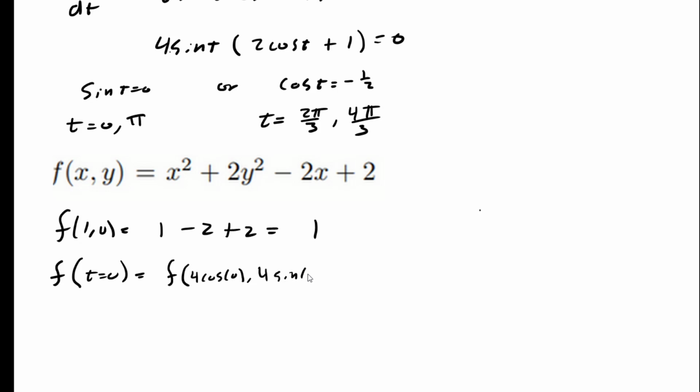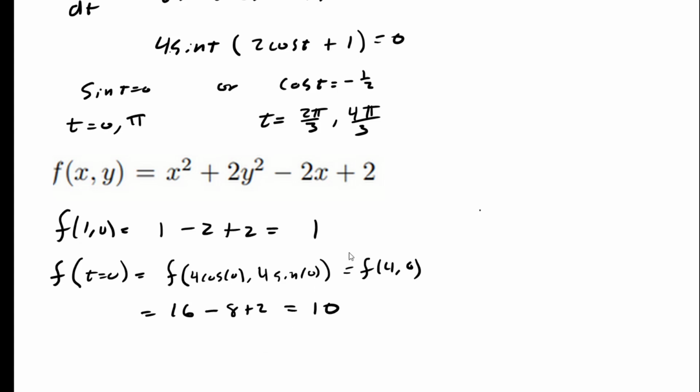Because that's what the parameterization was, which is just f of (4, 0). So if x is 4, this becomes 16 plus 0 minus 8 plus 2, so that's 10. Okay, so that's looking like the max so far.